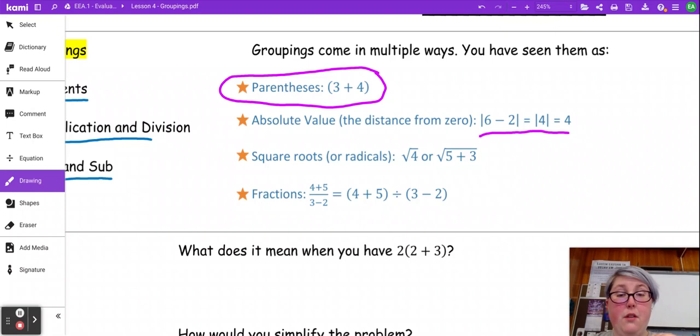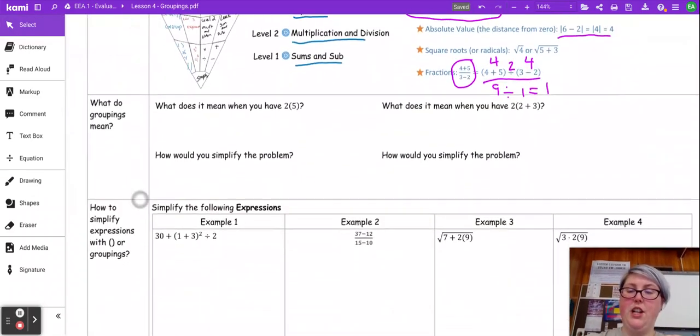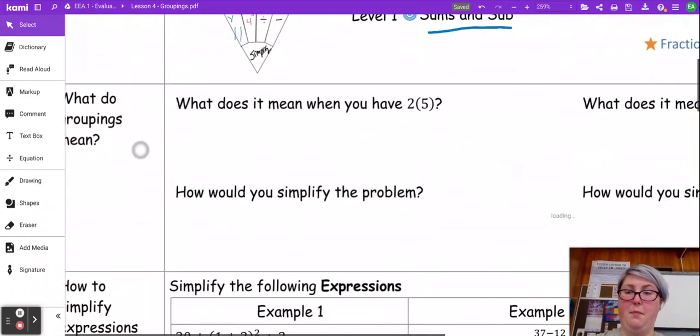It can also be a fraction. So the fraction here, 4 plus 5, divided by 3 minus 2, can be rewritten as a set of parentheses. Let's look at some more specific examples.